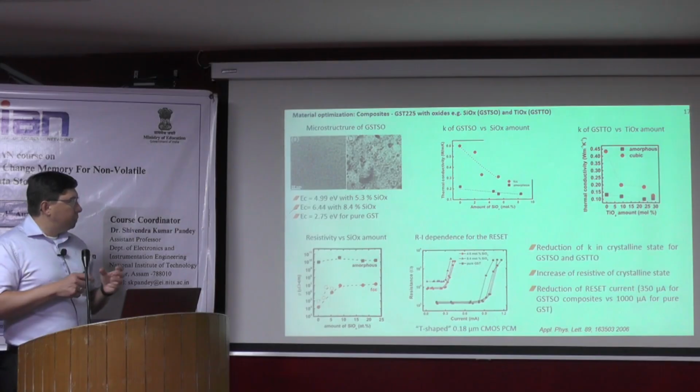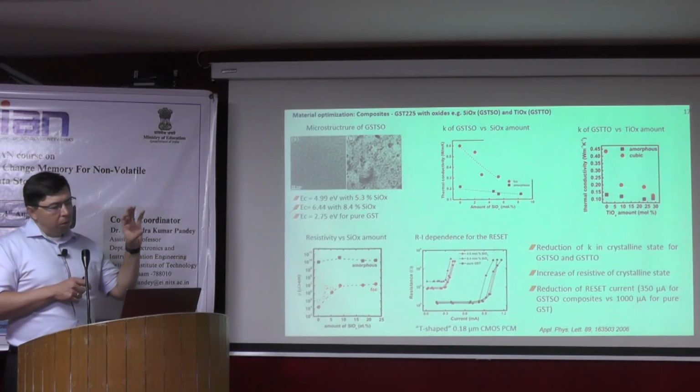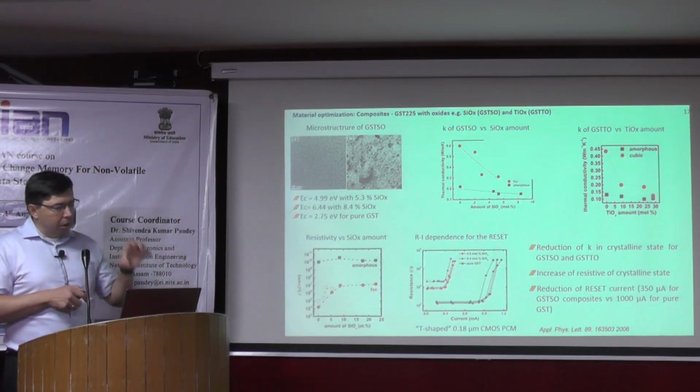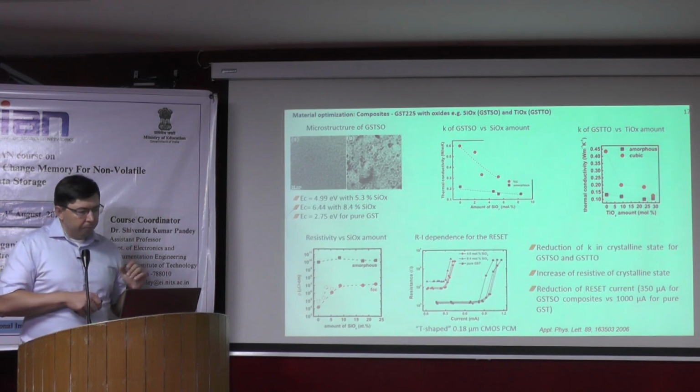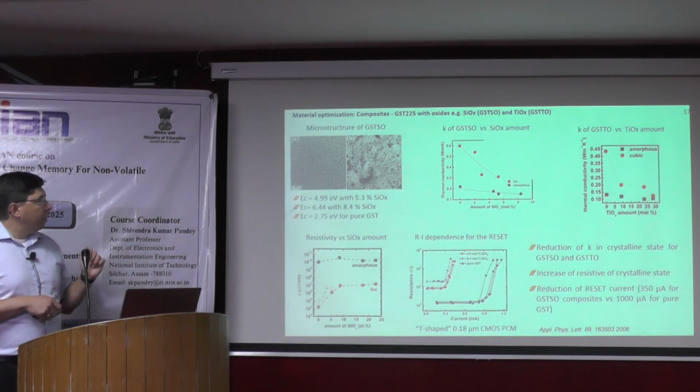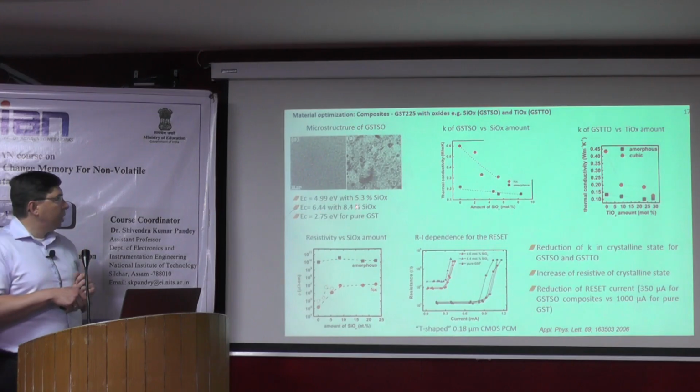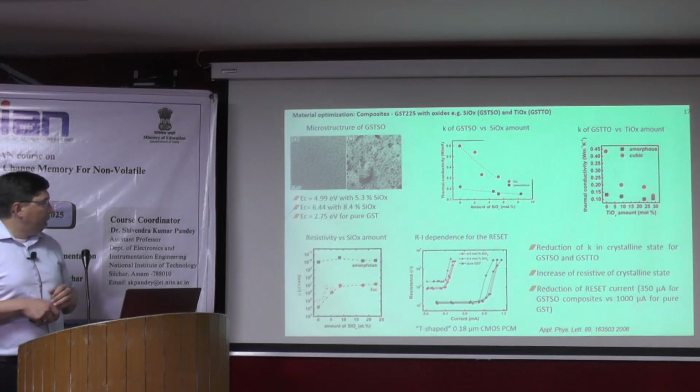The material will form GST grains, which are dispersed in the SiOx or TiOx matrix. So this brings the Ec increase a lot for this SiOx doping, up to 6.4 eV for high doping.